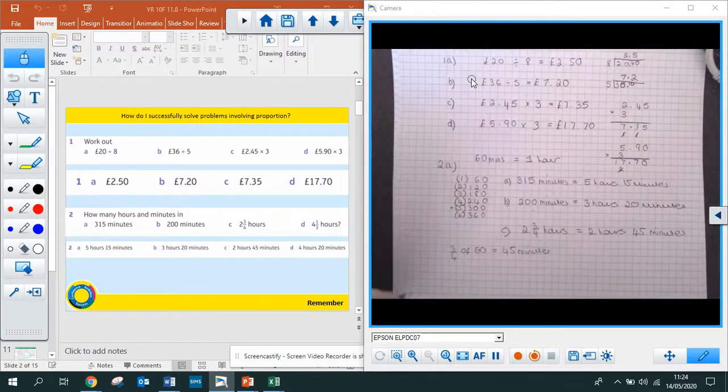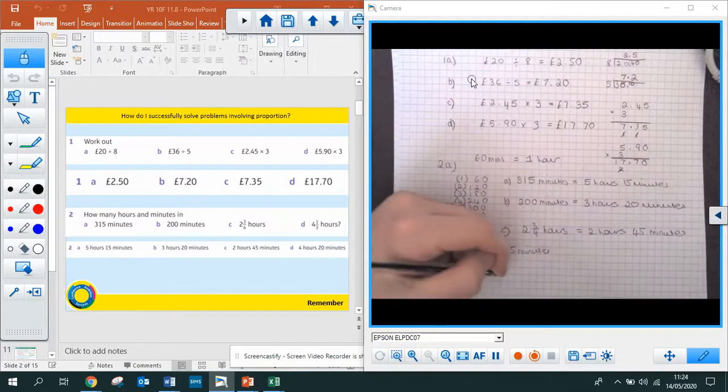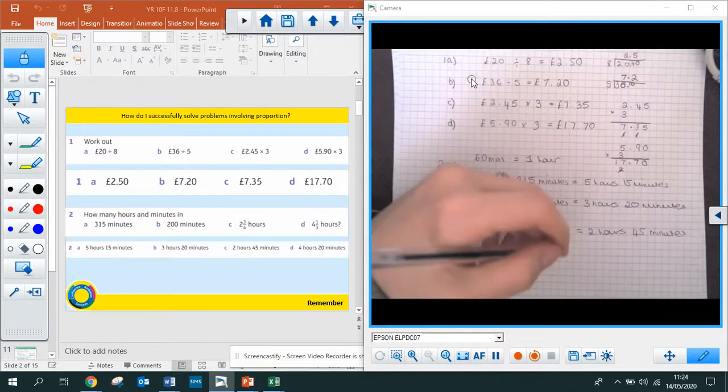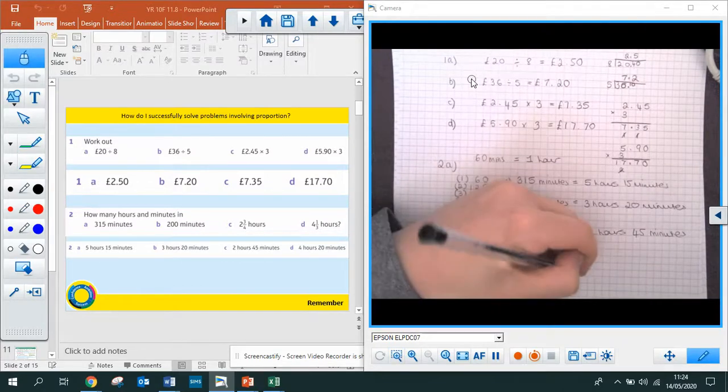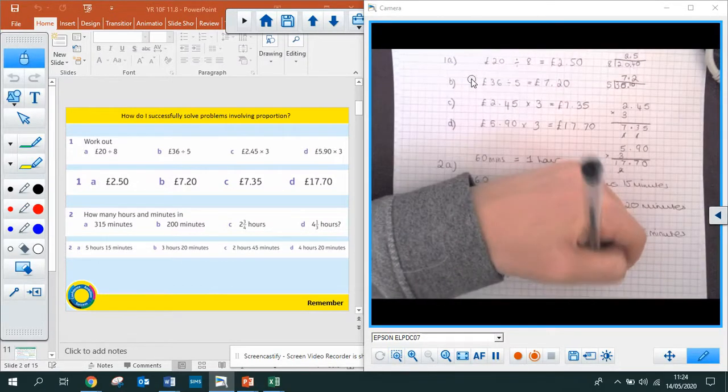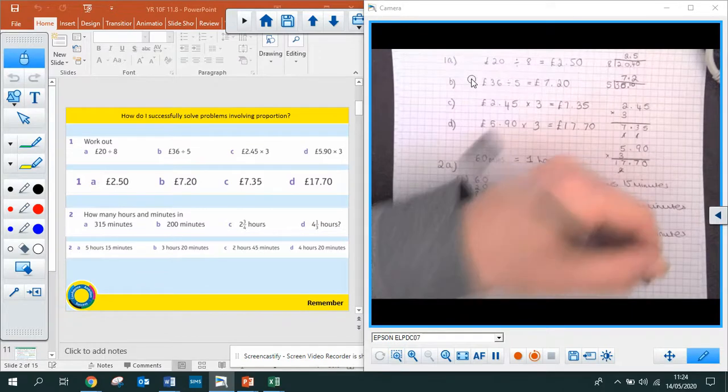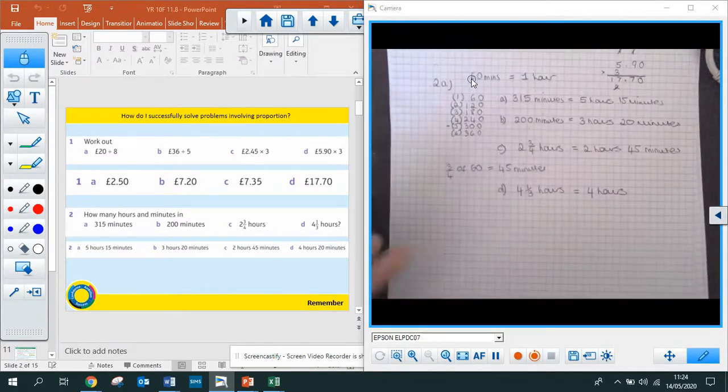Now the next one's a little harder. We won't be able to just transfer it straight away because we're going to have to use this method. So D is 4 1/3 hours, and we want that in hours and minutes. We know it's 4 hours, but then we need to work out what a third of an hour is.